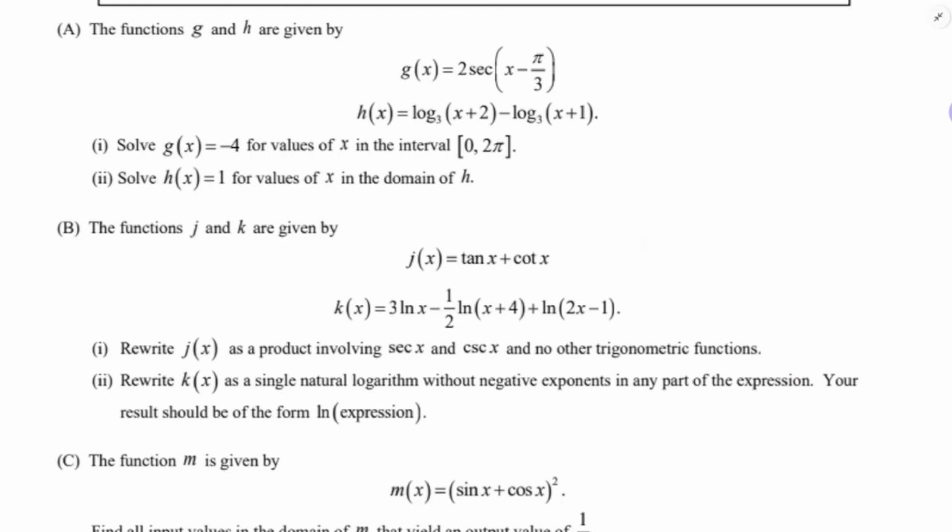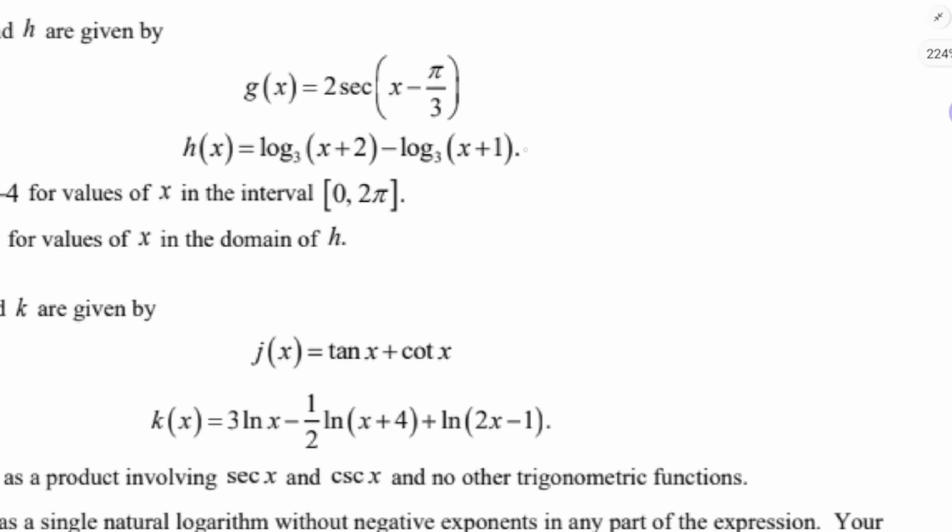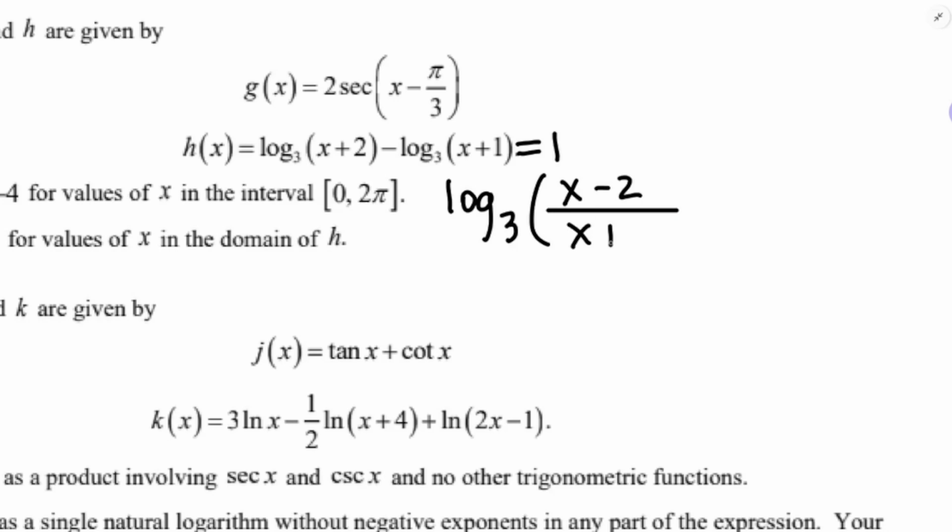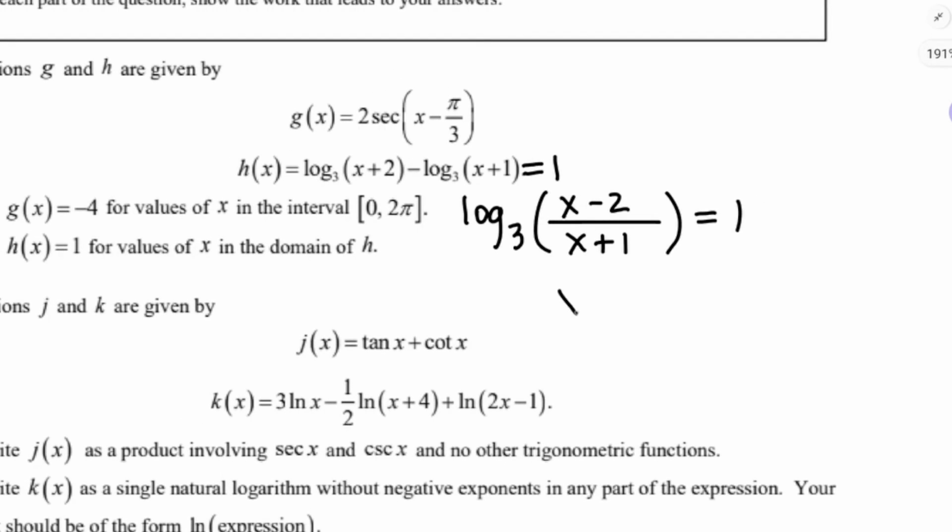Okay, so just like the other ones, first things first, I need to use a log property. So that means log base 3 of, divide the arguments if we're subtracting. So that's x minus 2 divided by x plus 1, and that's going to equal 1. I'm going to resolve the log by taking 3 to both sides' power. So I'd get x minus 2 over x plus 1 equals 3 to the first.